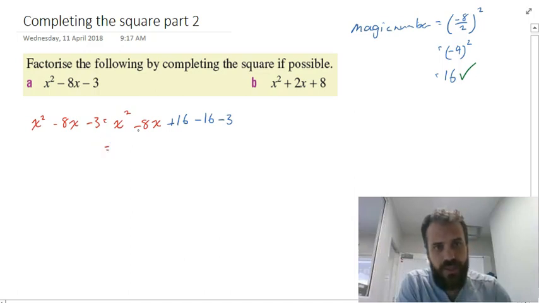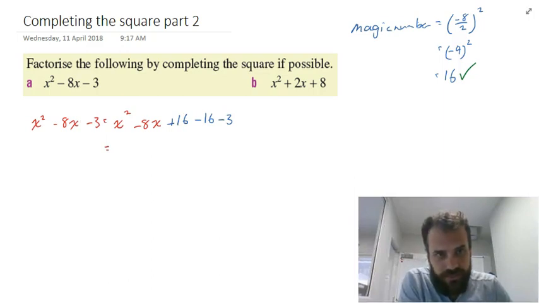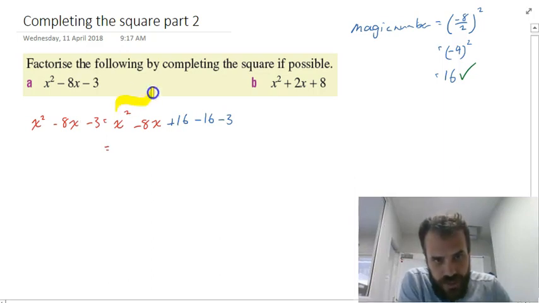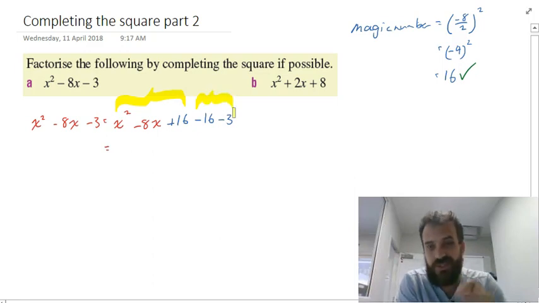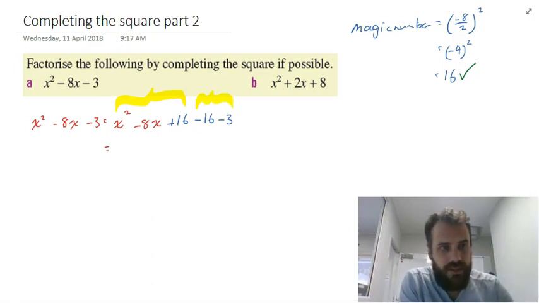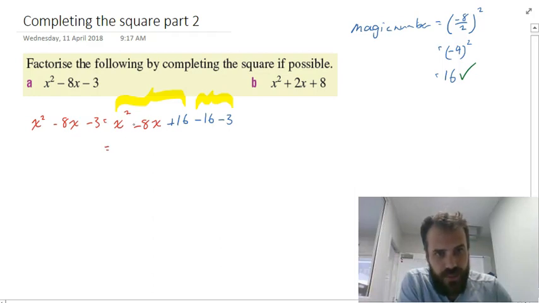I have x squared minus 8x plus 16 minus 3. Now I can look at this in two different ways, and the reason I put it in the middle here is so you can look at it this way. We have this section here, the first 3 terms, that's a perfect square. And then we have this section here, which is the leftovers. So, x squared minus 8x plus 16, in brackets, that's going to be x.